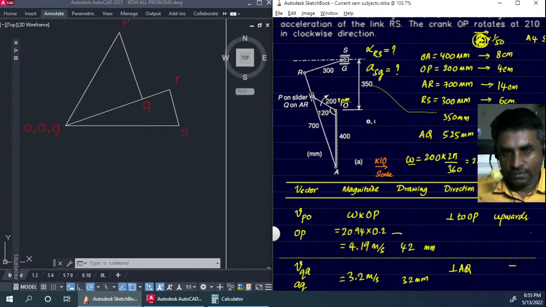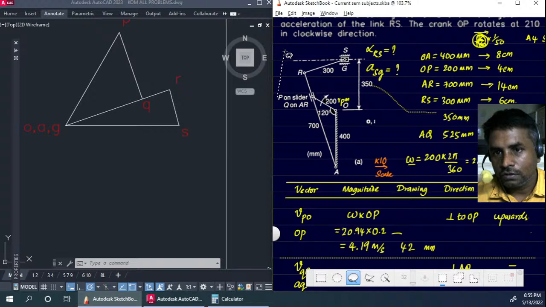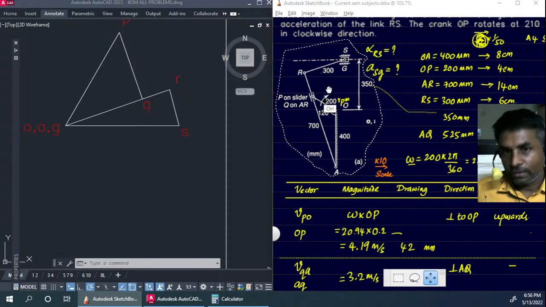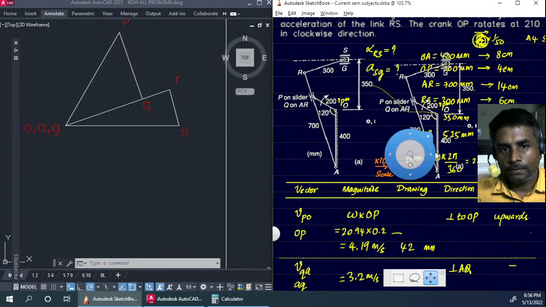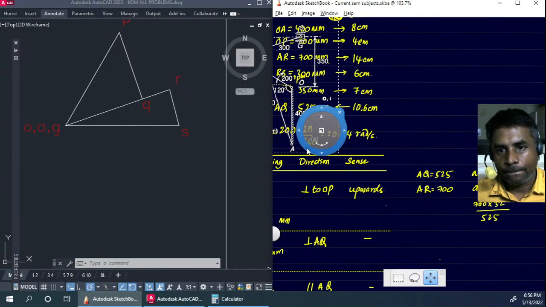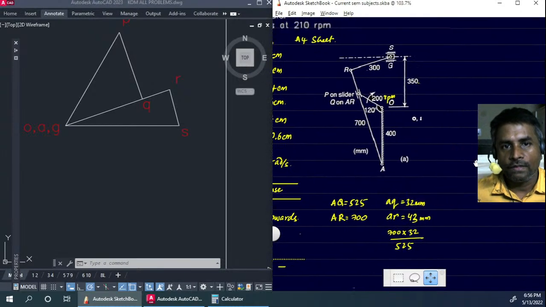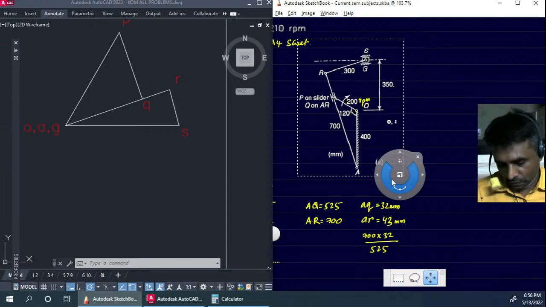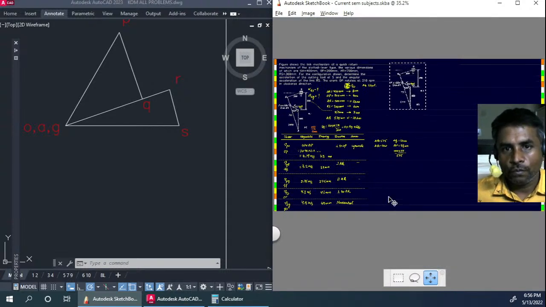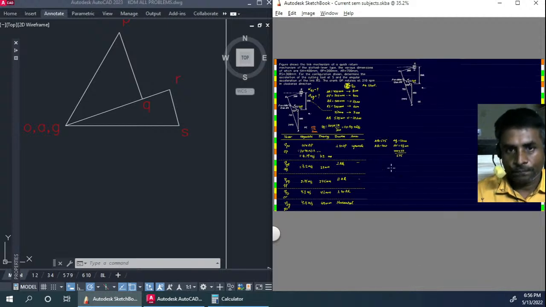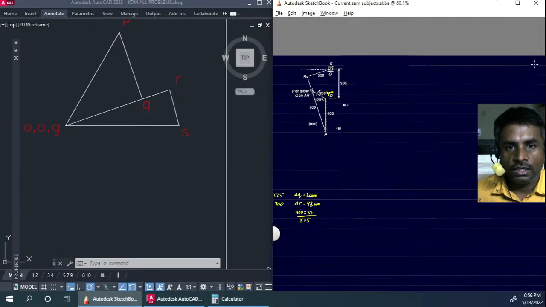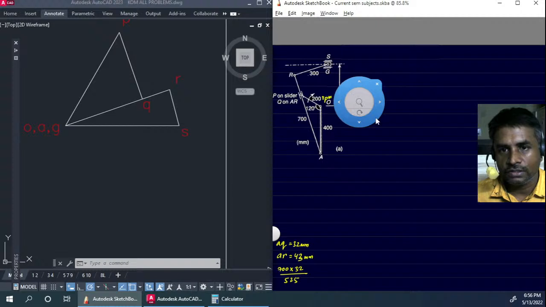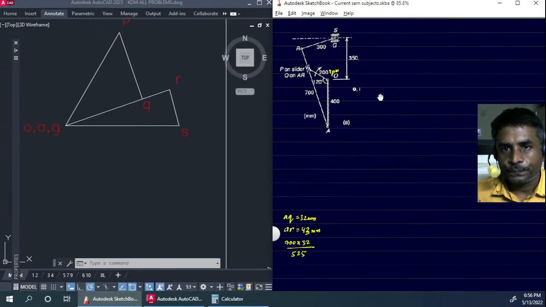Since I'll be needing this diagram in the acceleration analysis as well, I'm just going to copy and paste it over here. You can see once again I'm getting this particular diagram. Let's move it to the correct position, and I'll start doing the acceleration analysis over here.